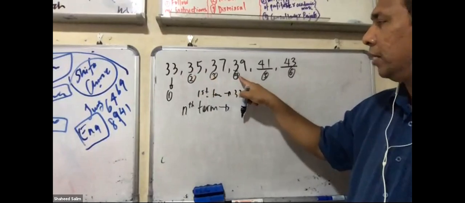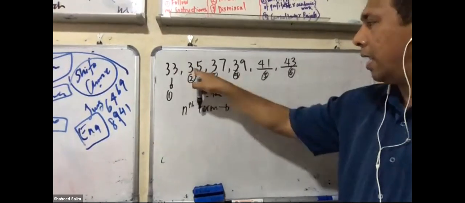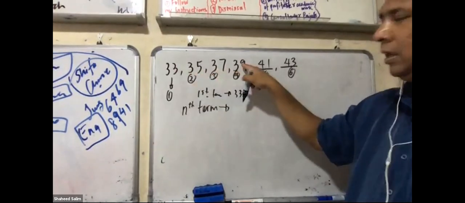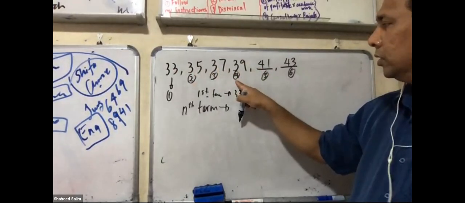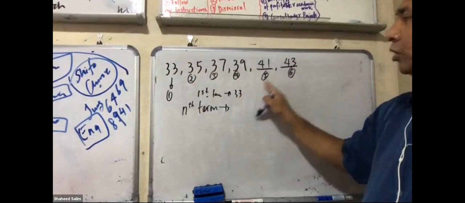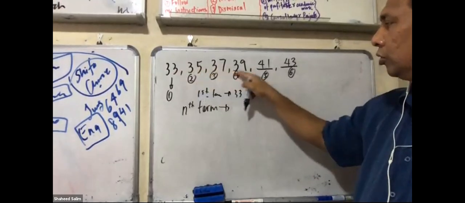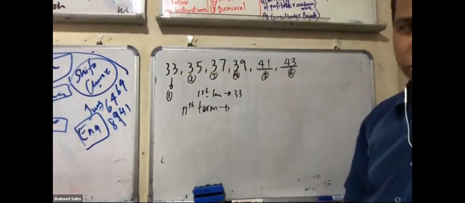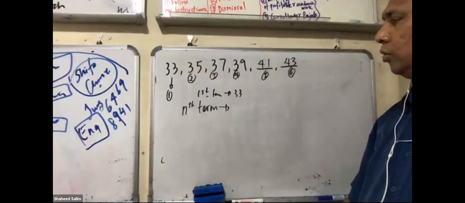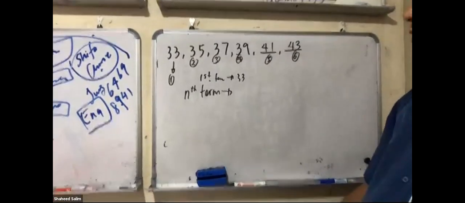Next one, the fourth term, you plus how many 2s? 1, 2, 3. Every time is 1 less than this. Fifth term, you plus how many 2s? 1, 2, 3, 4. This one is number 5. You plus 4 twos. So can you come up with a formula?